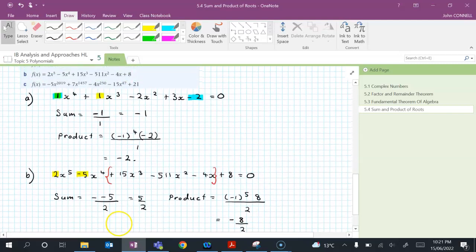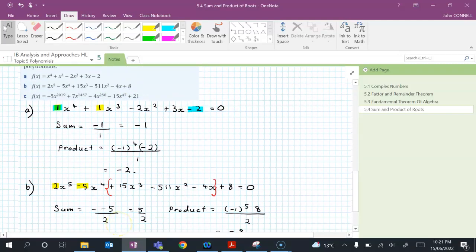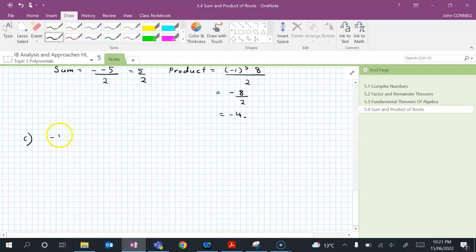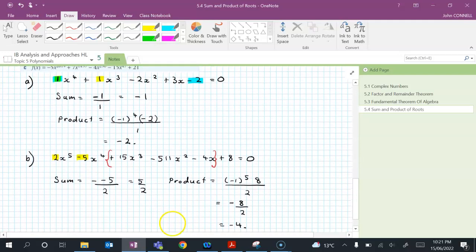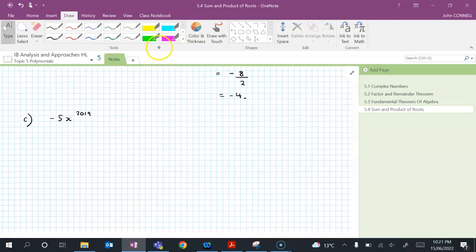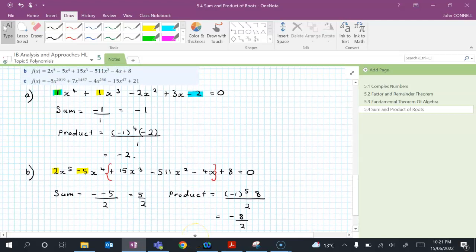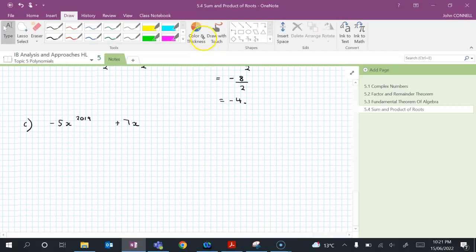Now, this one will trick some students up. So it's minus 5, x to the power of 2019. And then we've got plus 7 x to the, what was it, 1457.